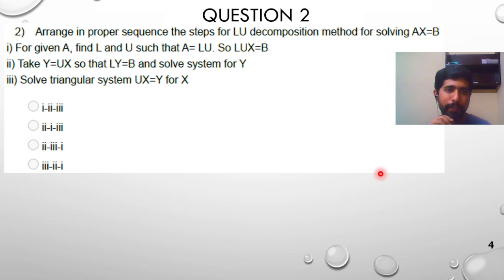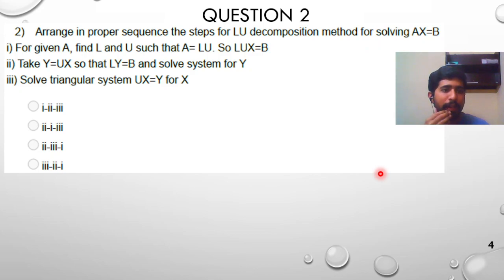Arrange in proper sequence the steps for LU decomposition. This I have explained just now. What are the steps involved in the LU decomposition method? One, for a given A, find L and U such that A is equal to LU.